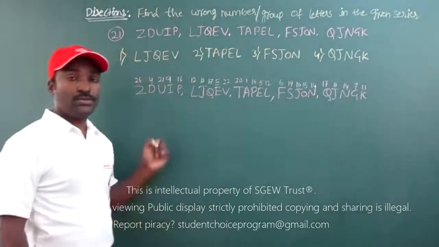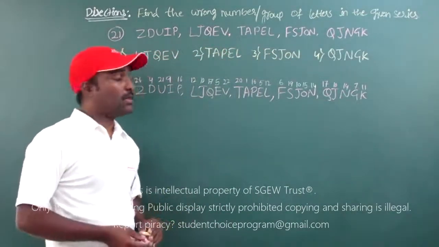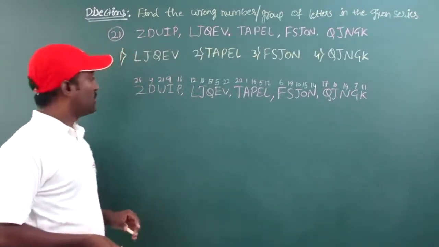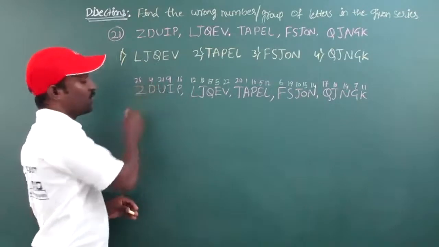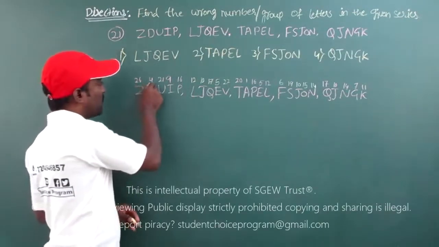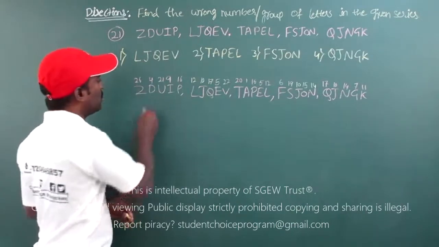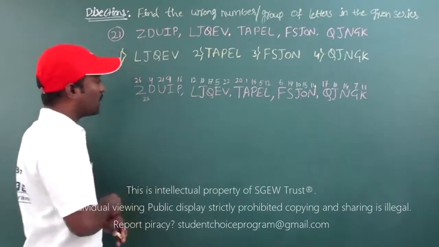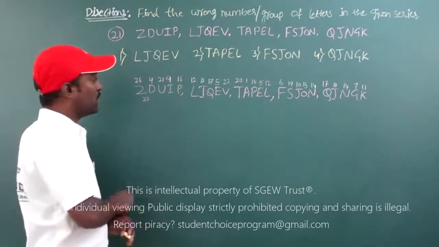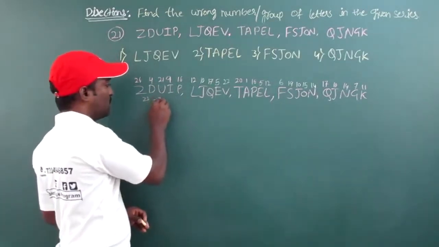Okay, use the trial and error technique. Take the difference of neighboring letters: 26 minus 4 is equal to 22. Now 4 minus 21 is minus 17.